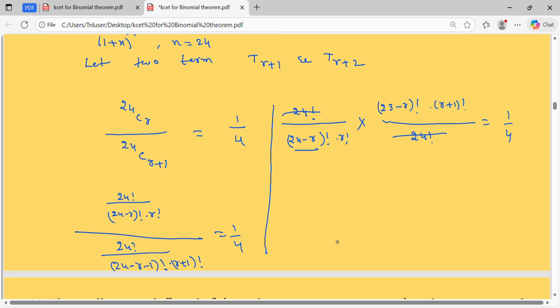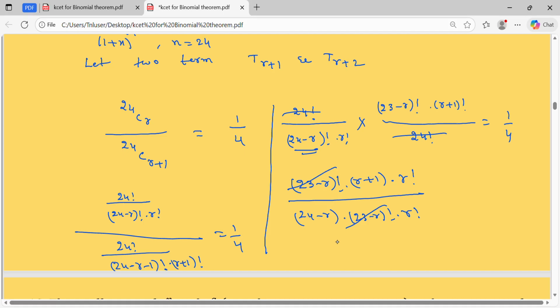Again this can be written as 23 minus r factorial. r plus 1 can be written as r plus 1 into r factorial, divided by 24 minus r, which can be written as 24 minus r into 23 minus r factorial into r factorial.